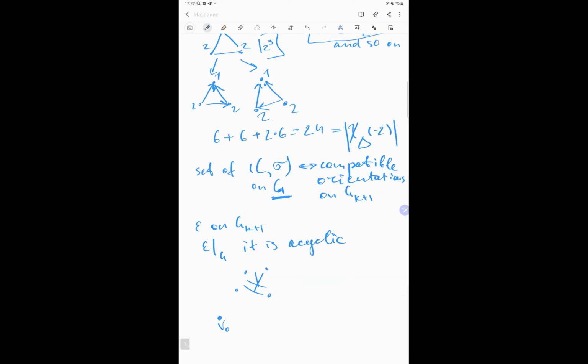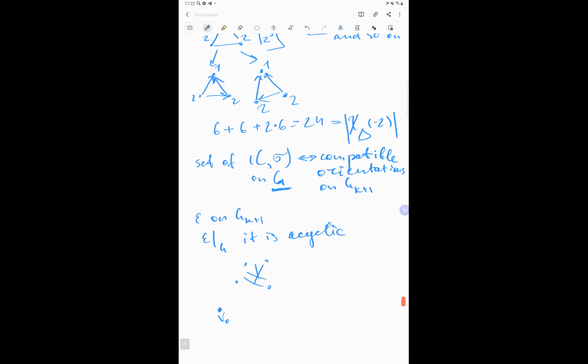So V0 is a special vertex. It is a boundary vertex, and it is a sink. It means that the only possible orientation is directed to the 0.